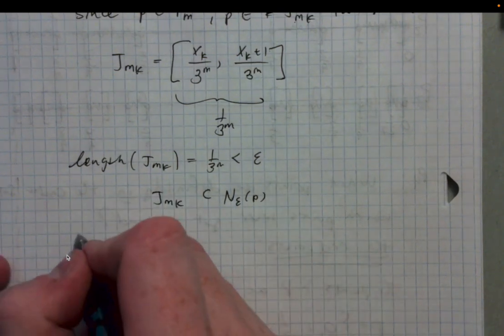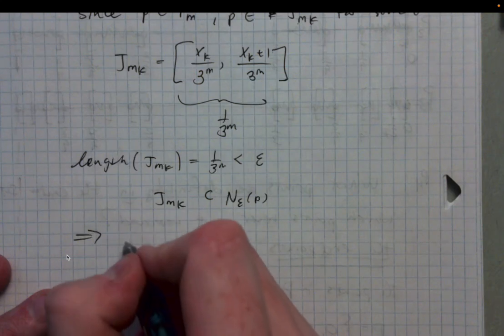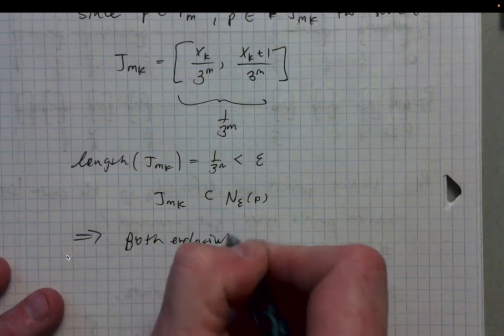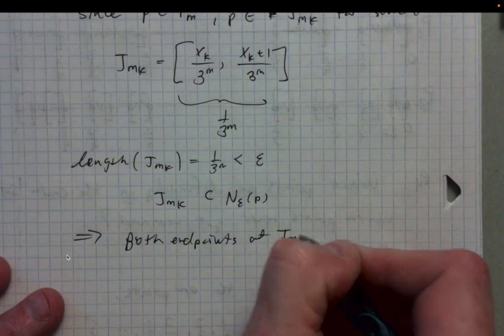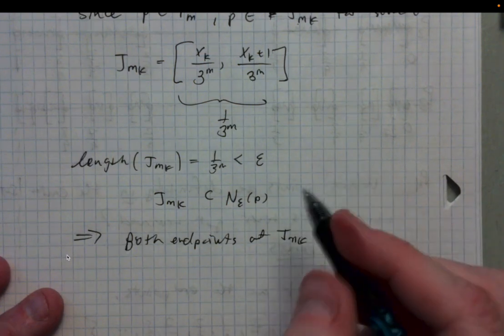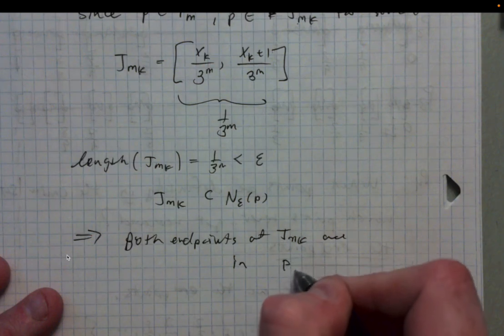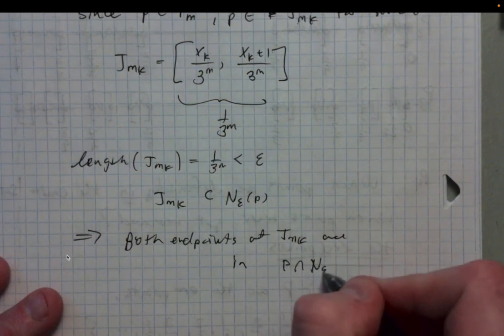What follows from that is that both endpoints of J_mk are in the Cantor set intersect the epsilon neighborhood of P.